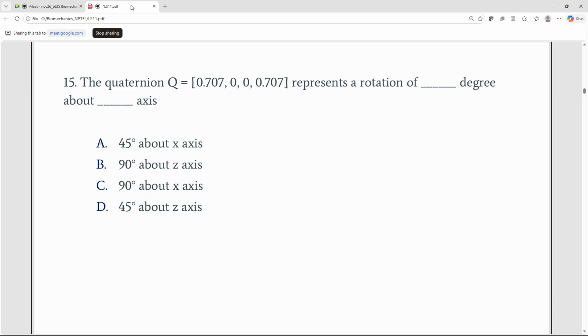Try to answer the question. The quaternion Q is equal to 0.707, 0.707 represents a rotation of dash degree about dash axis.